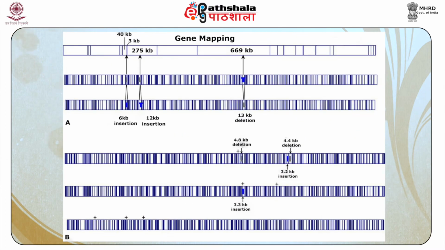A genetic map is a map based on the frequencies of recombination between markers during crossover of homologous chromosomes.